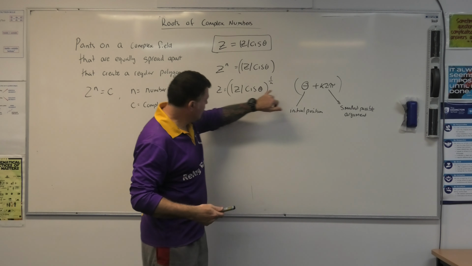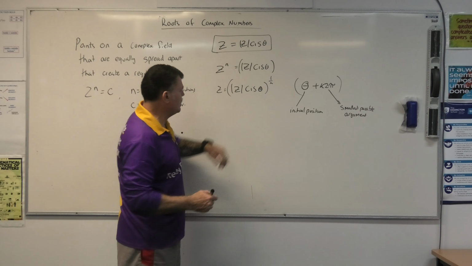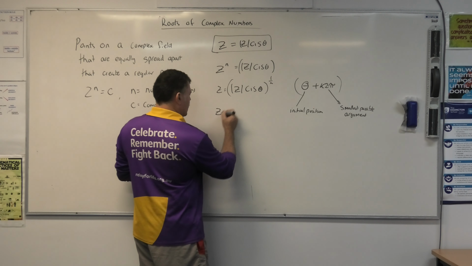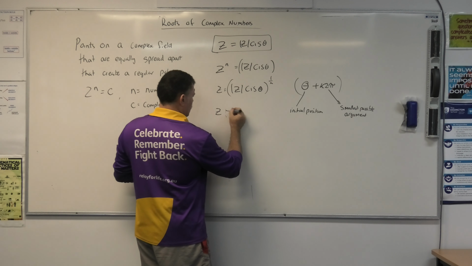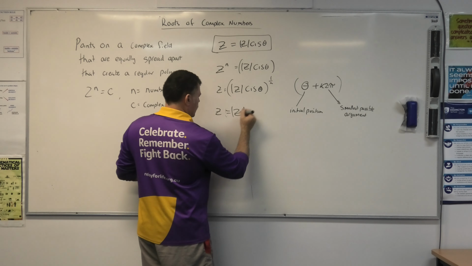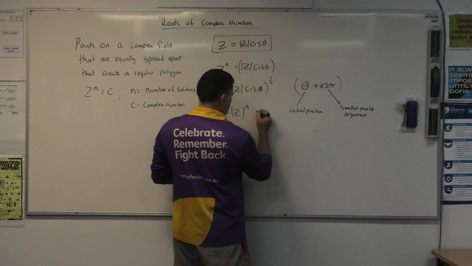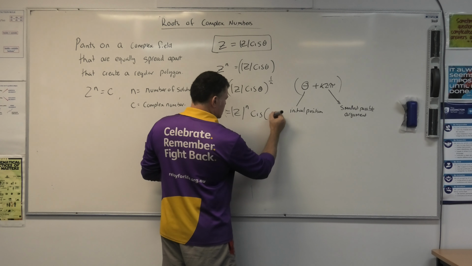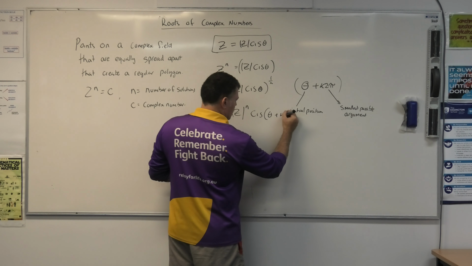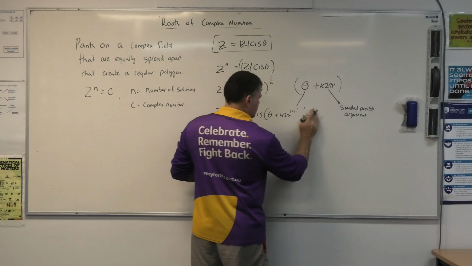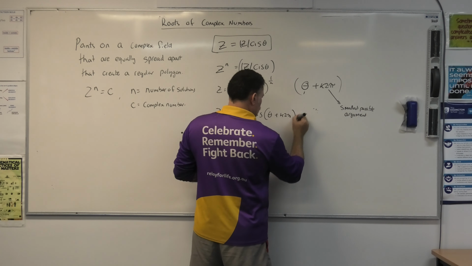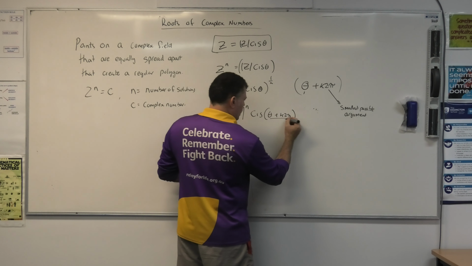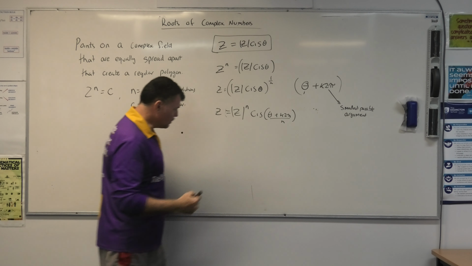So instead of having theta inside here, we'll rewrite this as to the n, cis theta plus k 2 pi, all over n, and it's written in this format.